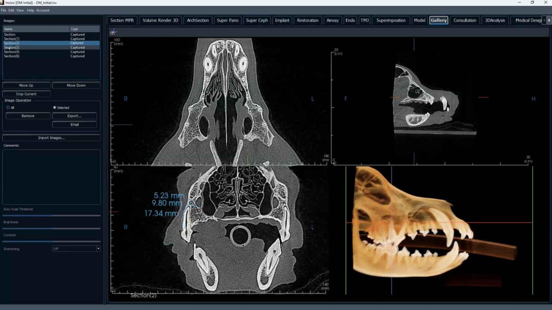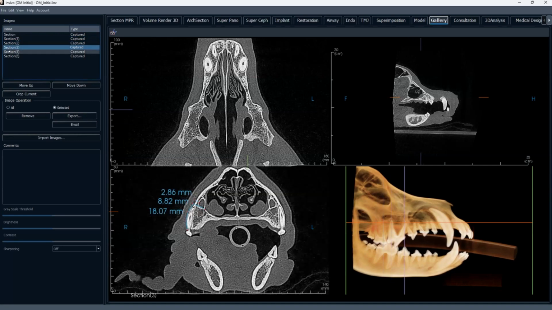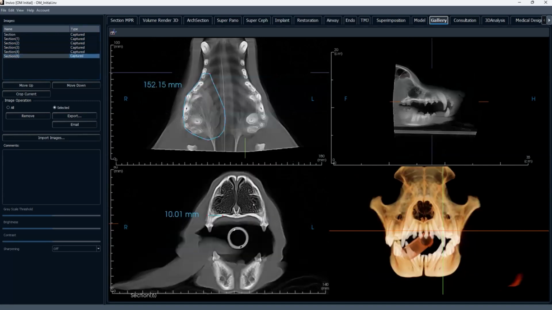And so we did that for each tooth, each root, and then made those measurements right along. And then we came out with a tentative margin.